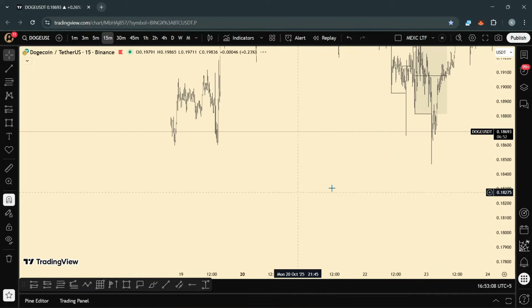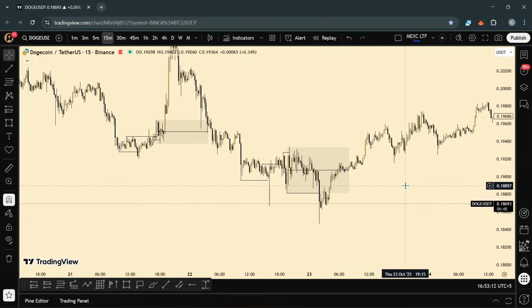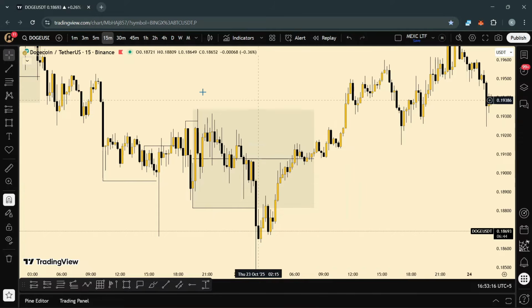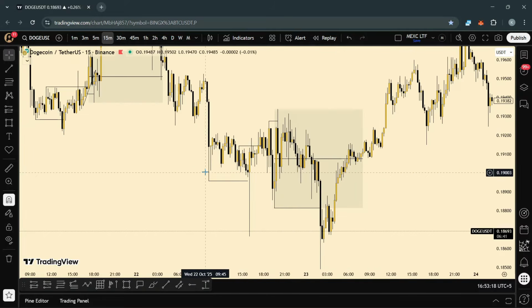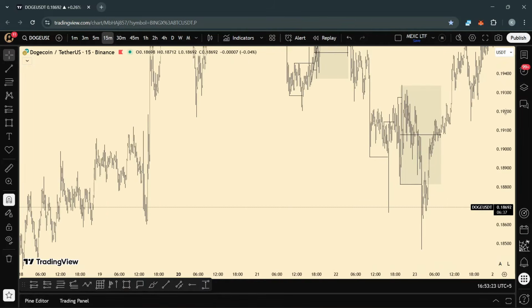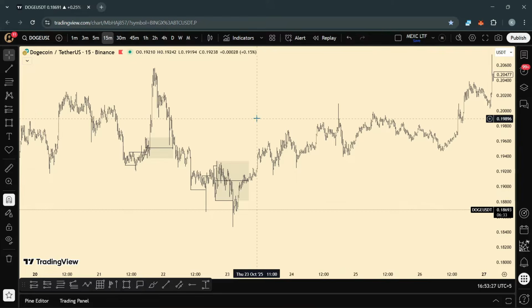And I don't want to get into why we lost it, because that is unnecessary for now and we don't really need to look into it. But obviously, this could be avoided given where we were on the higher time frame, but it doesn't matter.